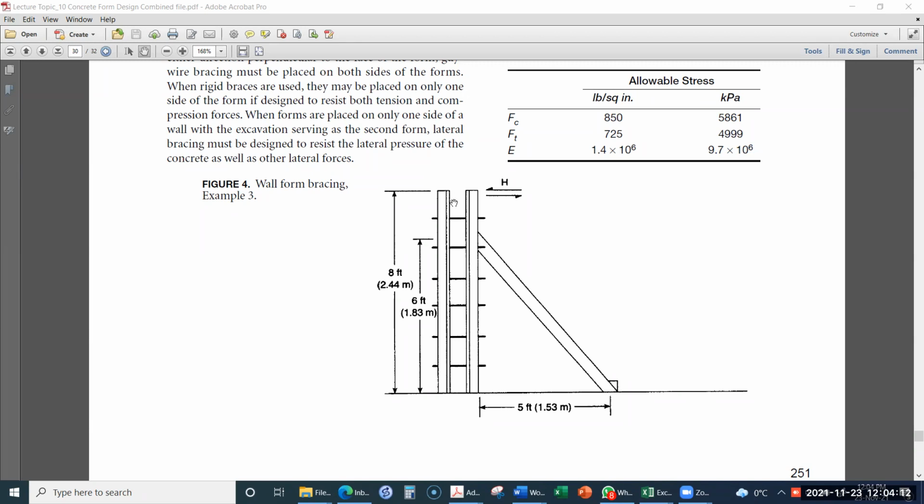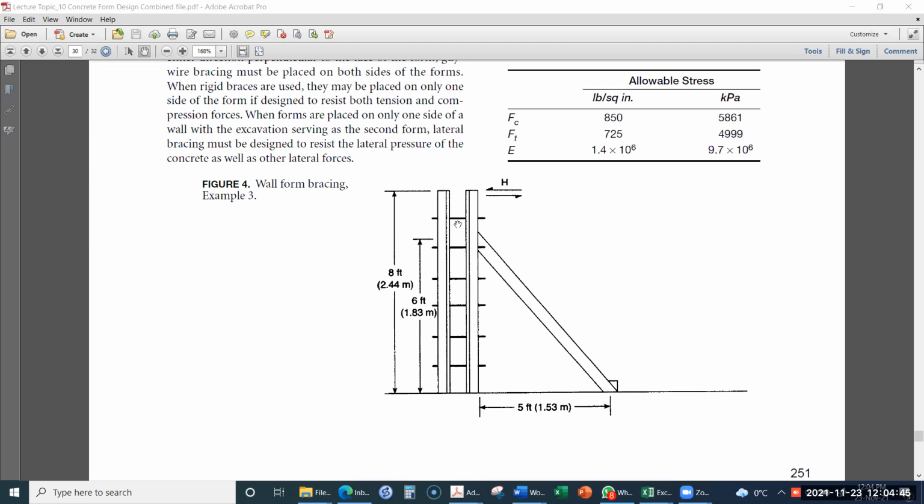Internally there is a concrete wall, and that concrete wall has been supported with the wall formwork, which consists of the sheathing and then the support beams, rails, etc. And then externally there is this inclined bracing. In this example, we will be looking at the design of this inclined bracing.